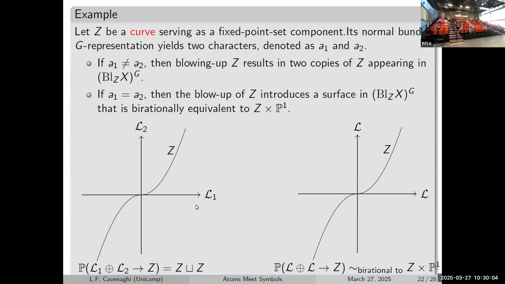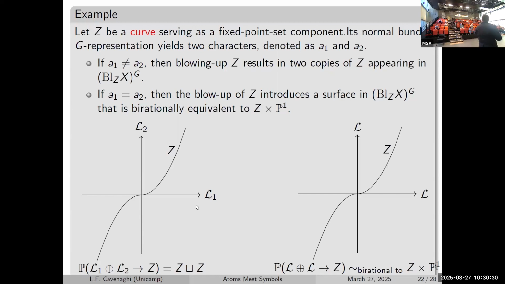So in a picture it's like this: you have the normal bundle, you have these axes that shall be line bundles. Then when you projectivize, if they correspond to distinct characters, you get indeed Z union Z. But if they don't split because they have the same invariant space, when you projectivize, you gain something that is birational to Z cross P1.